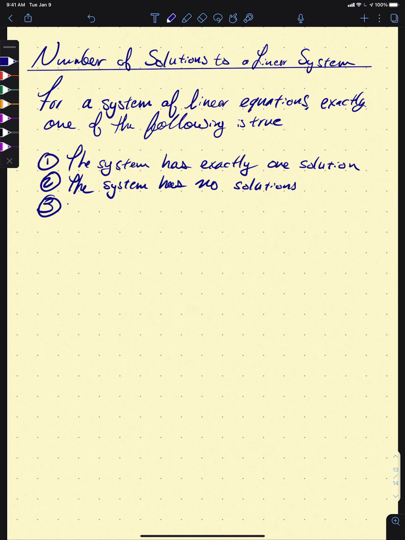Or we have option 3, the system has infinitely many solutions. Okay. I'm going to draw a picture of what this looks like in the 3 equation case.